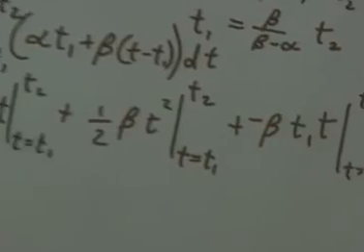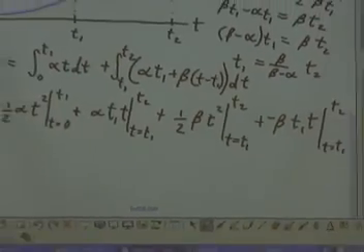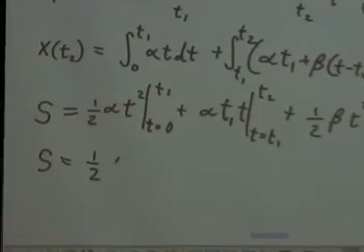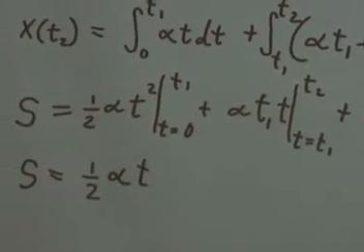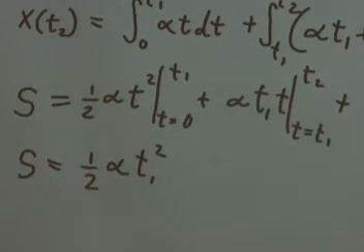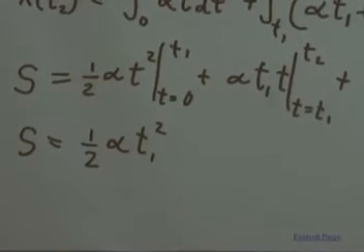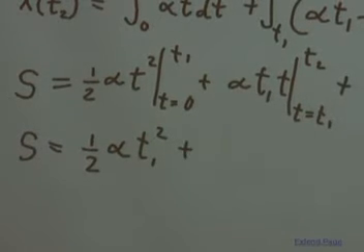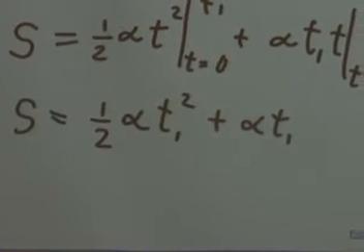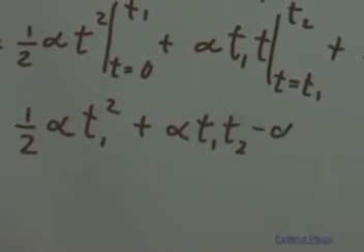So now we have S is equal to 1/2 alpha t1 squared, and of course subtracting 0 from that will not contribute anything, so we won't write that down. The next one will give us alpha t1 t2 minus alpha t1 squared.